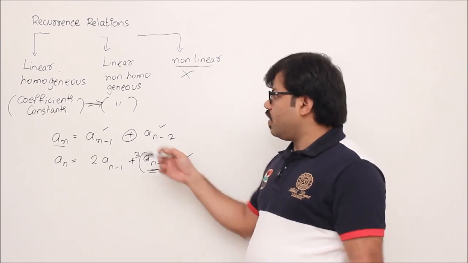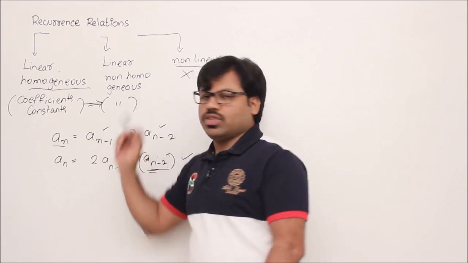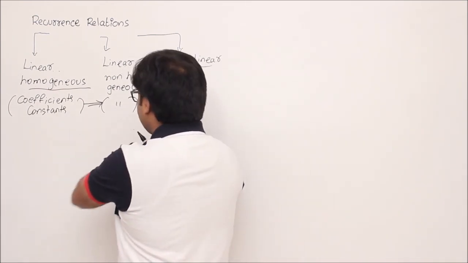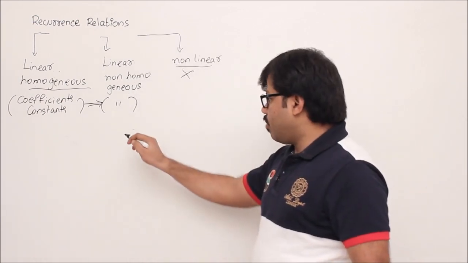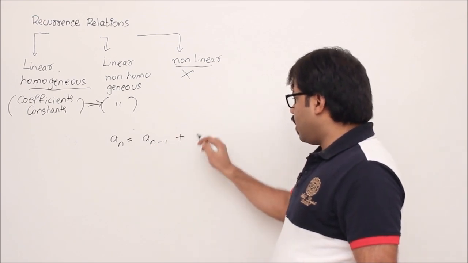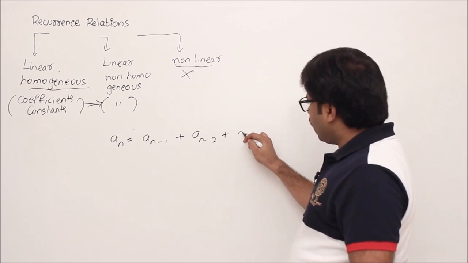Okay, so we have seen what is linear and non-linear. Now we'll see what is homogeneous and non-homogeneous. In a linear recurrence relation, you can have homogeneous and non-homogeneous. We'll see one by one. Example, an equal to an minus 1 plus an minus 2 plus n square.